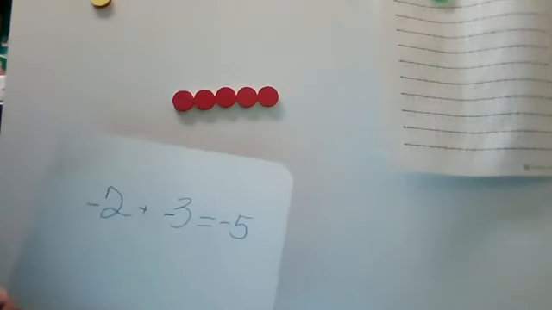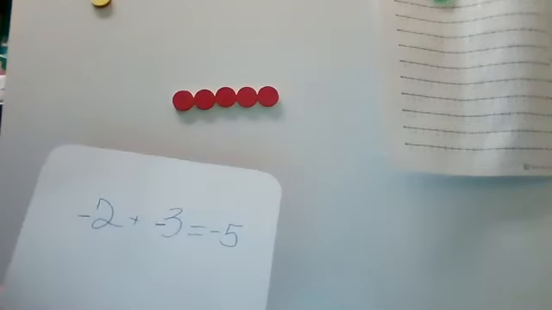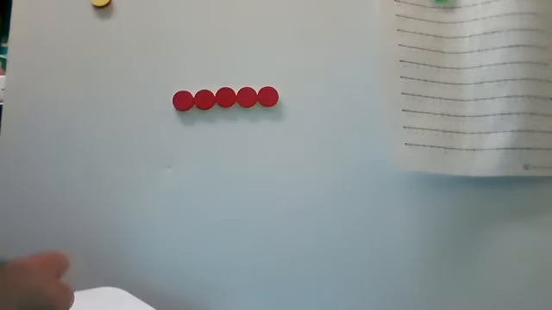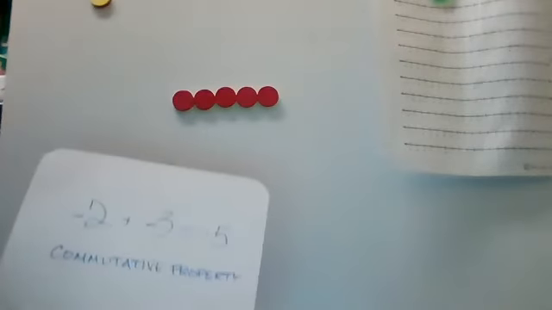Now I want you to notice that I used there the commutative property. Commutative property is one that you use all the time, and you don't think much about the name, but I guarantee you, come high school, you're going to know all of these names of all these weird things. So commutative property is the property I just showed you.